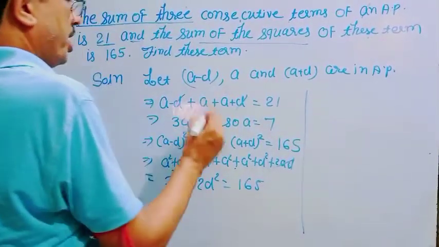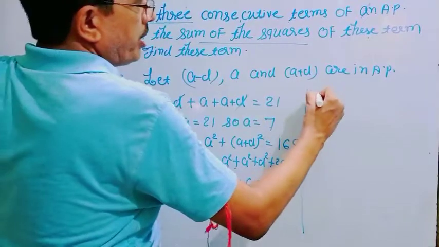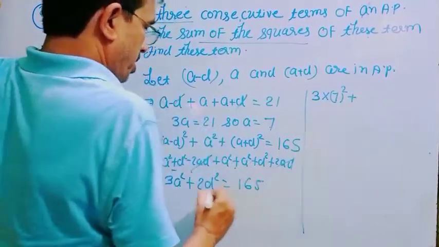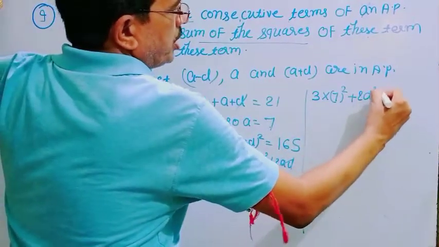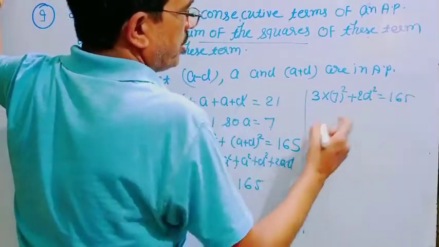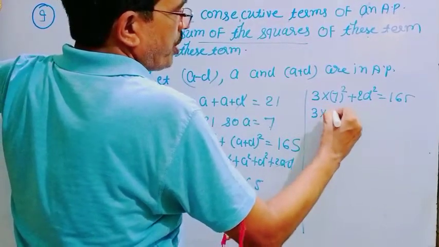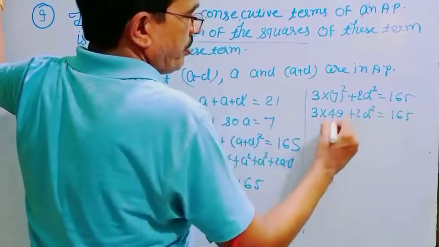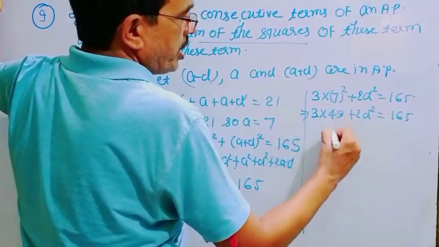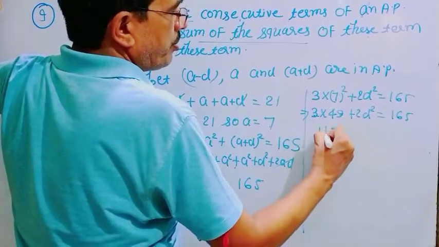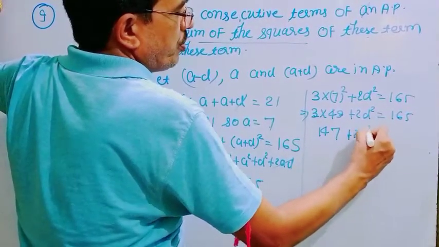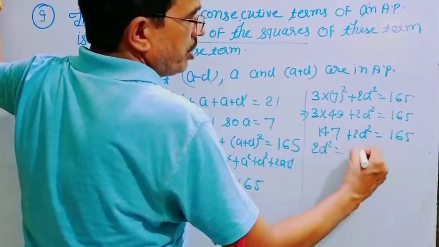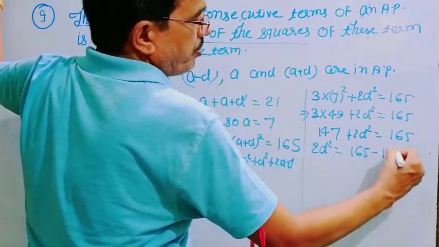Now A is given as 7, so 3 into 7 square plus 2D square is equal to 165. So 3 into 49 plus 2D square is equal to 165. Then 3 times 49 is 147, plus 2D square is equal to 165.